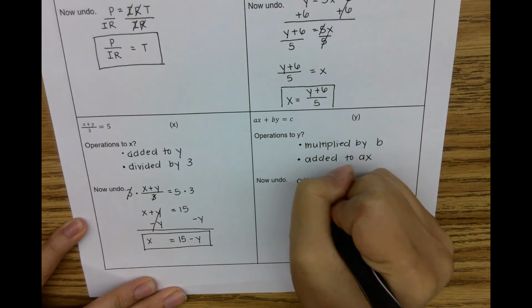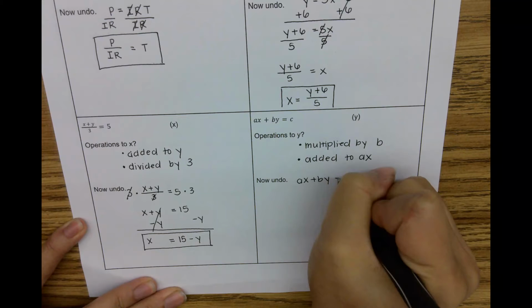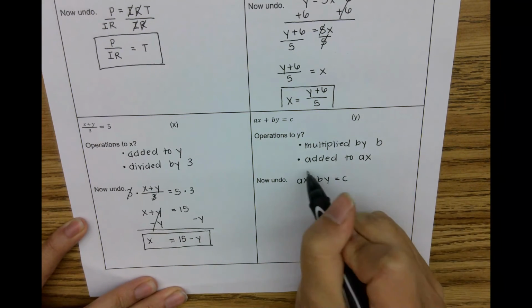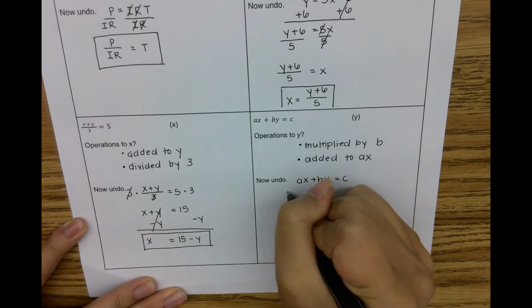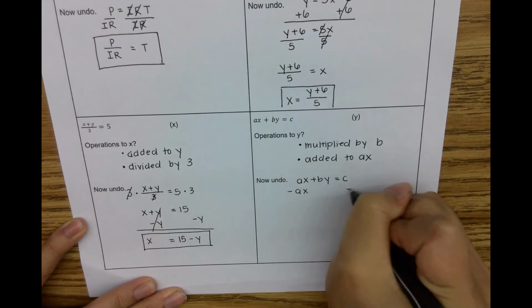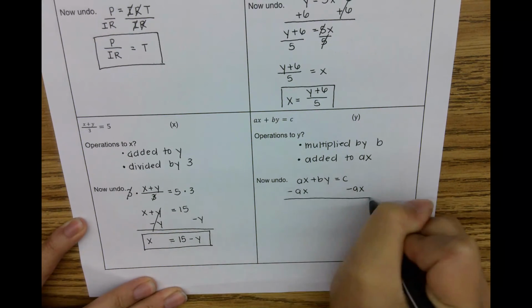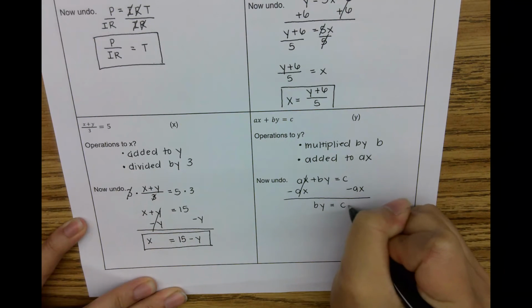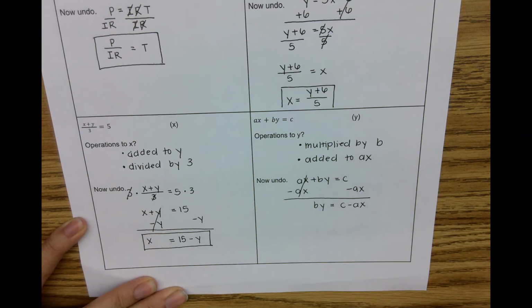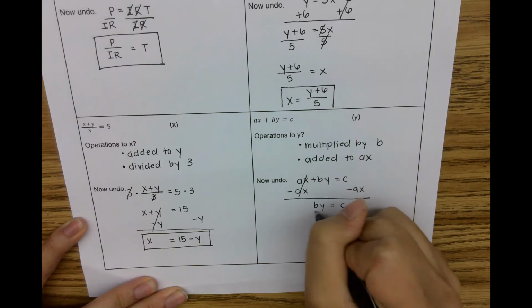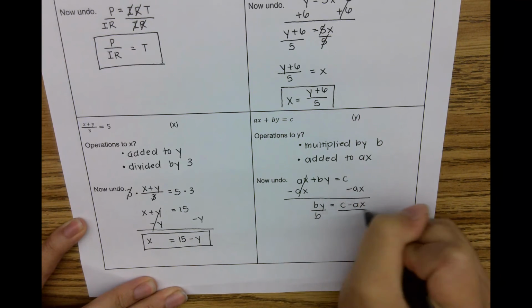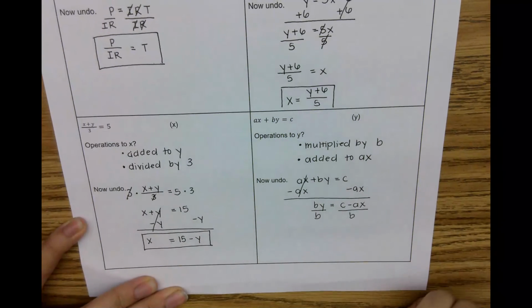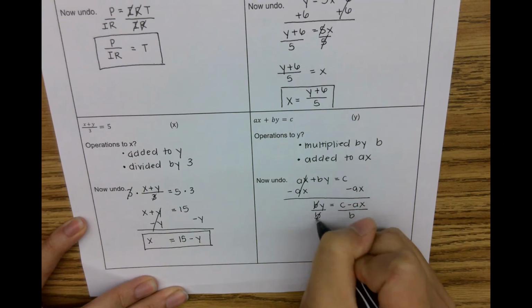So here I have ax plus by equals c. I'm going to get rid of that added ax by subtracting ax. I'm left with by equals c minus ax. Then to get y by itself, I'm going to divide by b, right? Since this is b times y, get rid of it by doing the opposite, dividing.